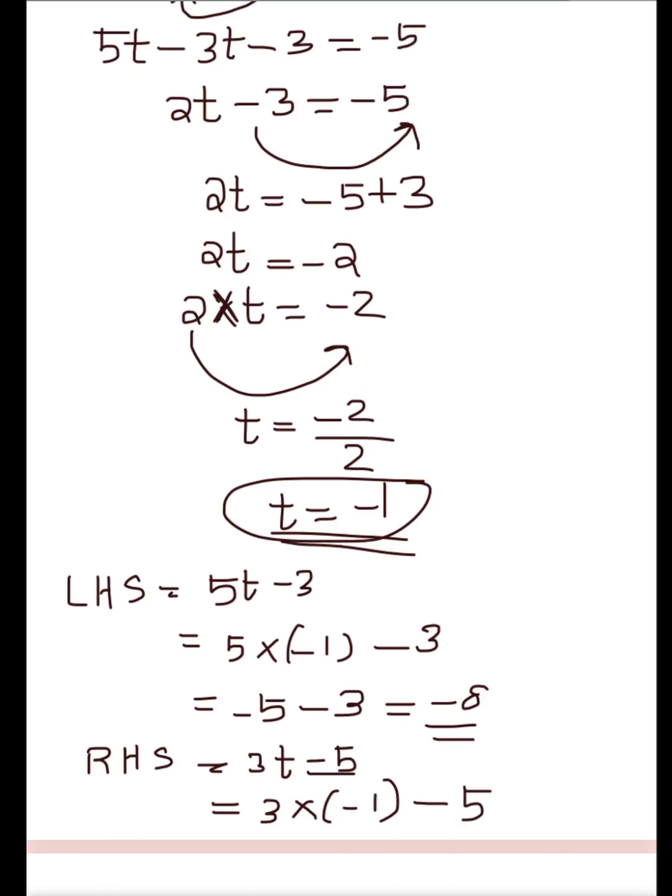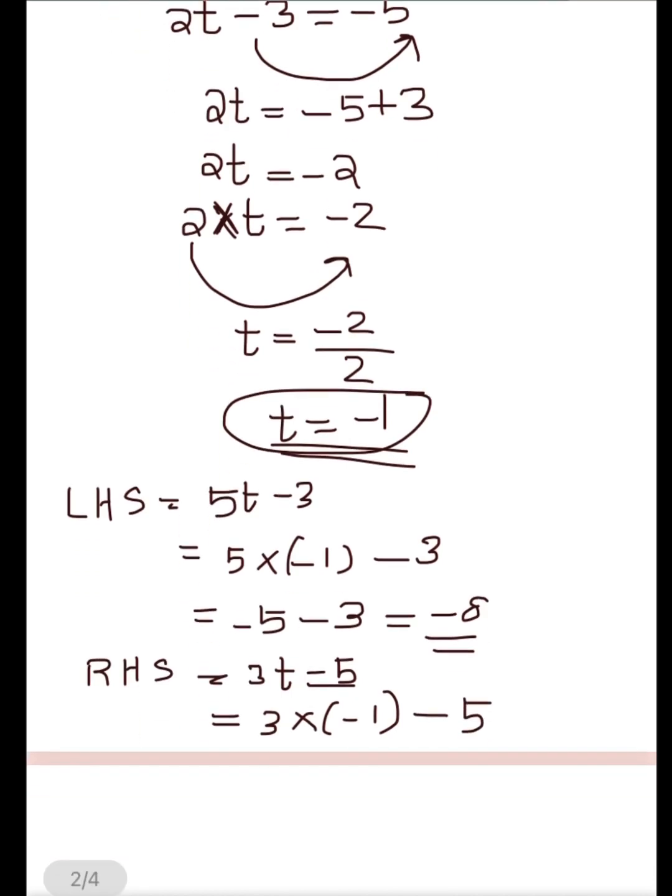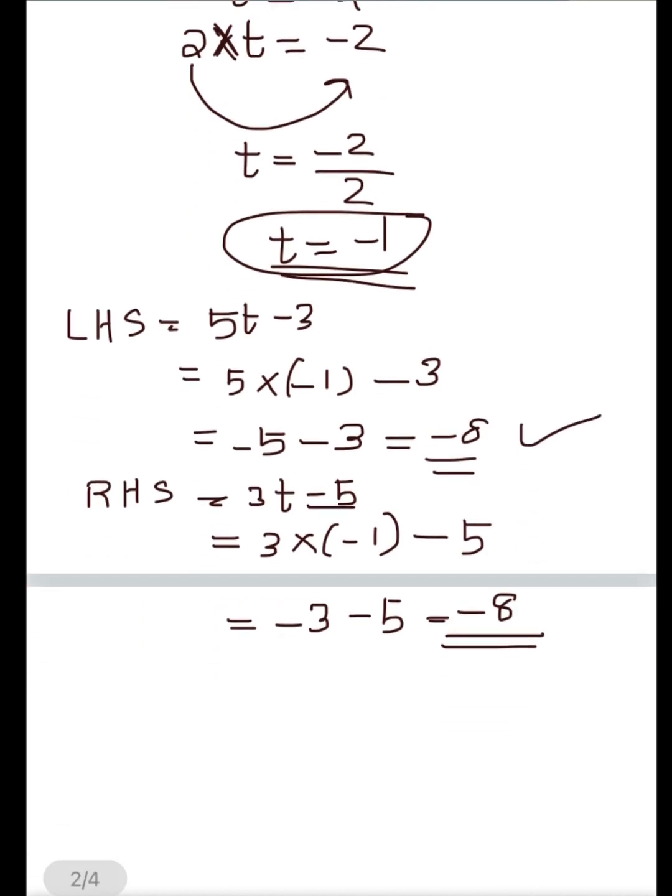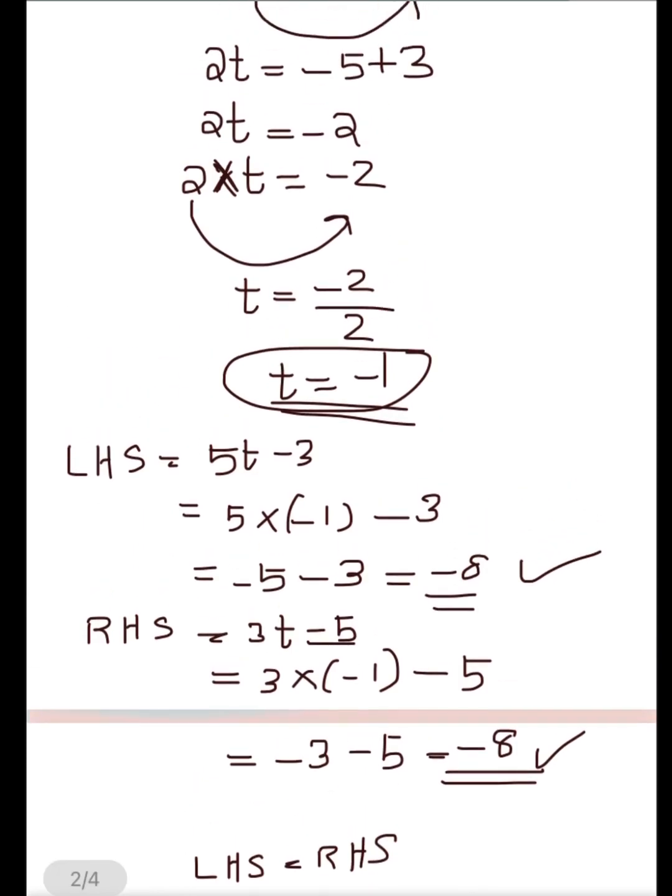What is 3 into minus 1? It's minus 3. So minus 3 minus 5. What is minus 3 minus 5? It's minus 8. So LHS you got minus 8 and RHS also you got minus 8. That means you can write it as LHS equals RHS. That means our answer is correct. Understand? So this is the second question.